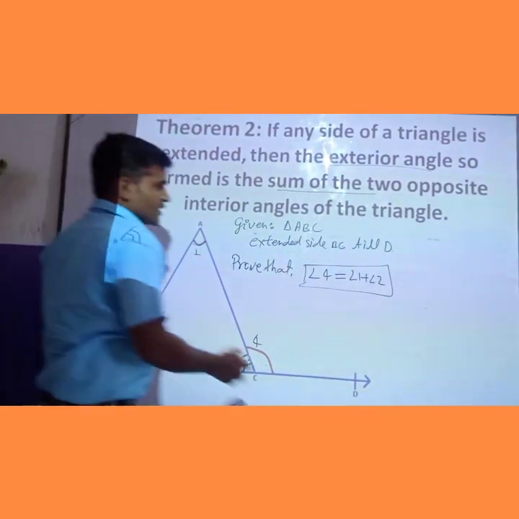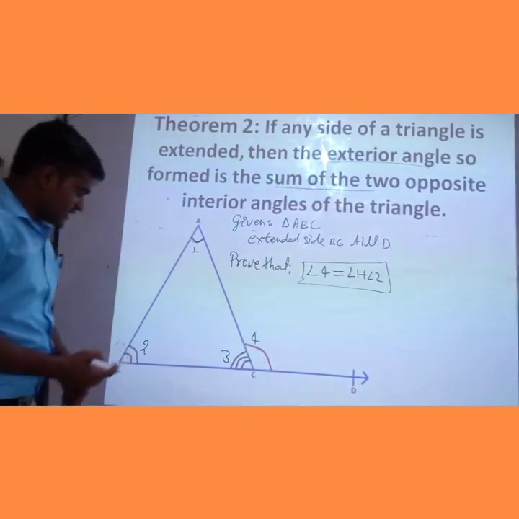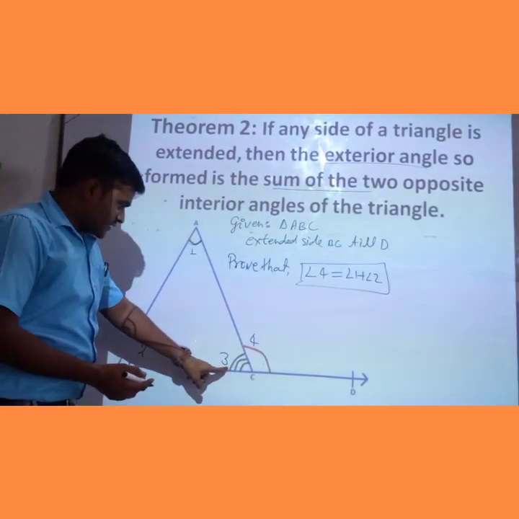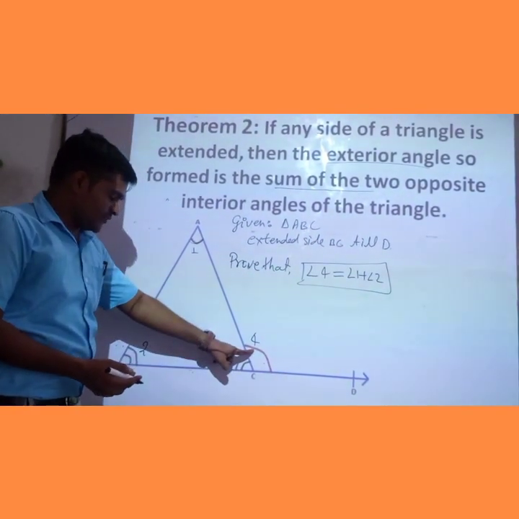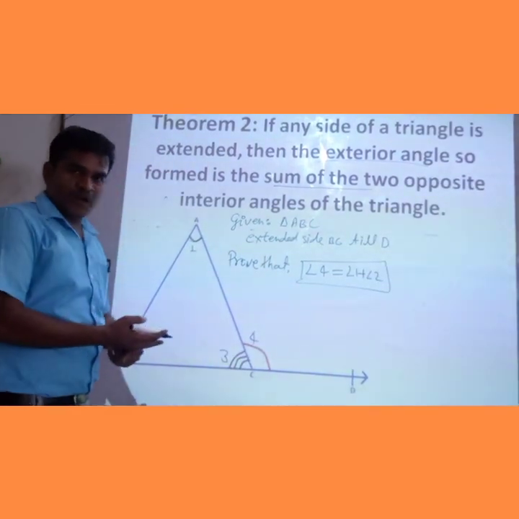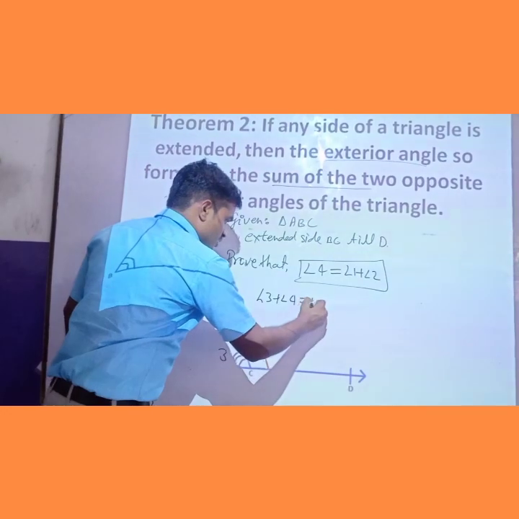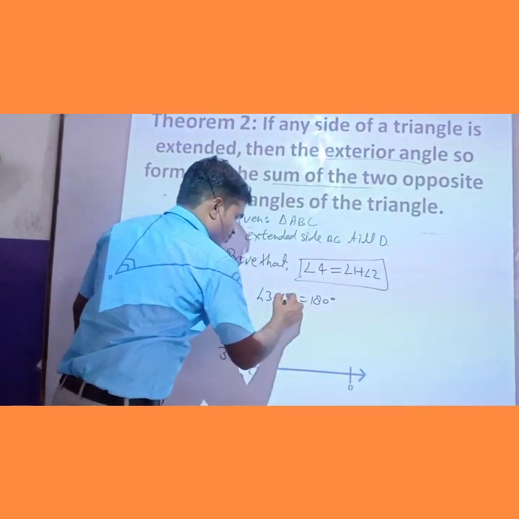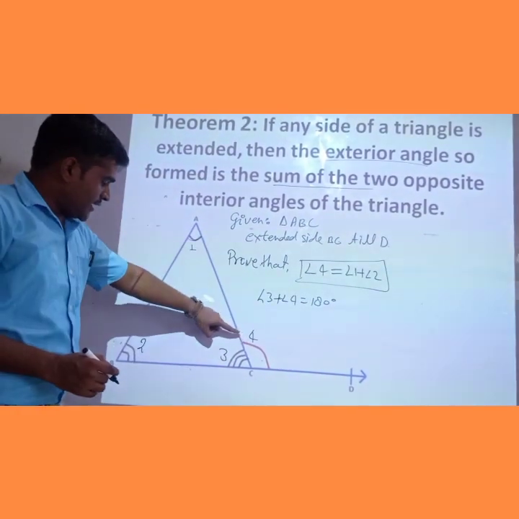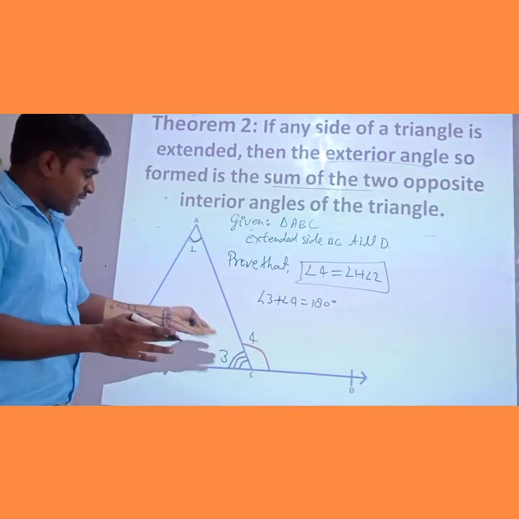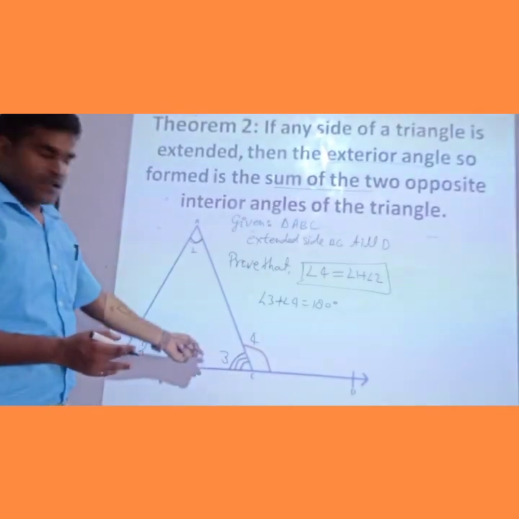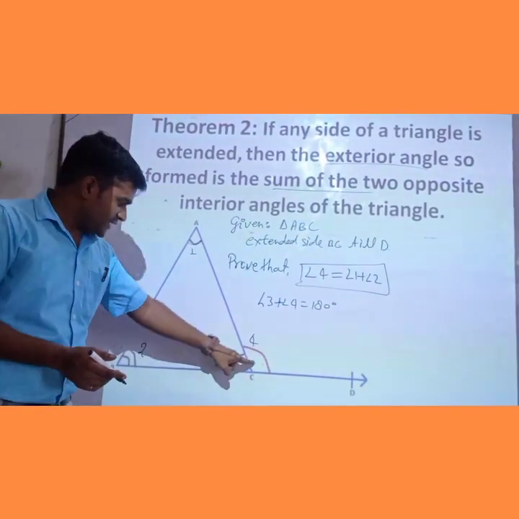Now, how will we prove it? Children, angle 3 plus angle 4 is equal to 180 degrees. Why is the sum of angle 3 and angle 4 equal to 180 degrees? By linear pair; they form a linear pair.